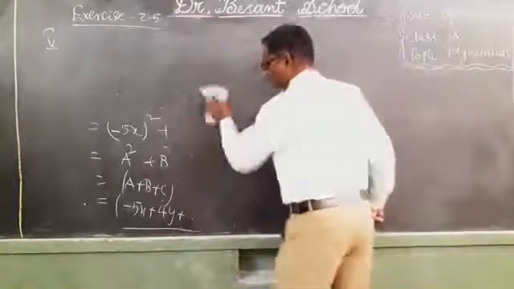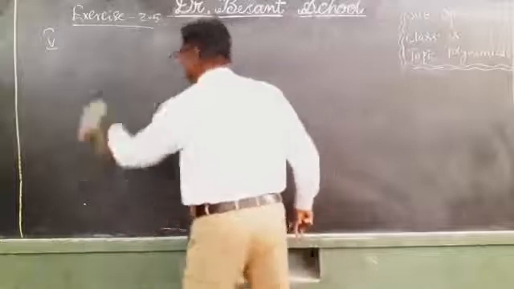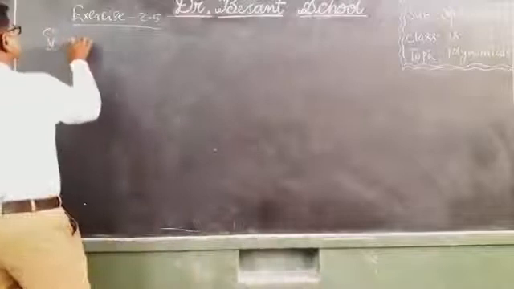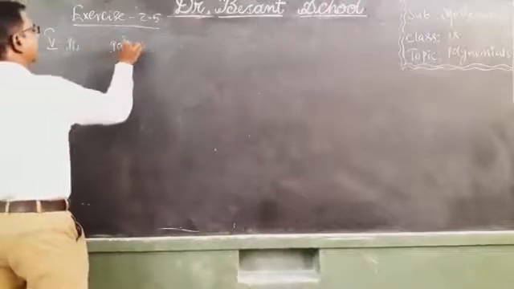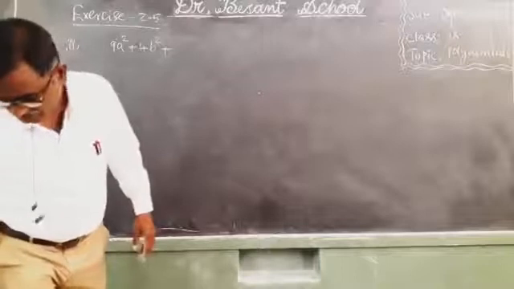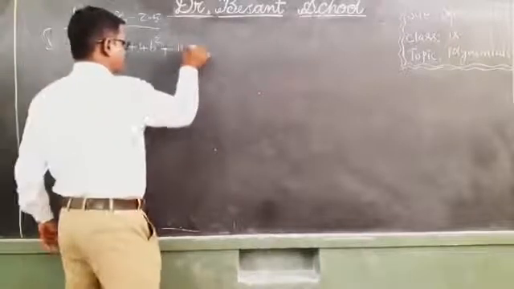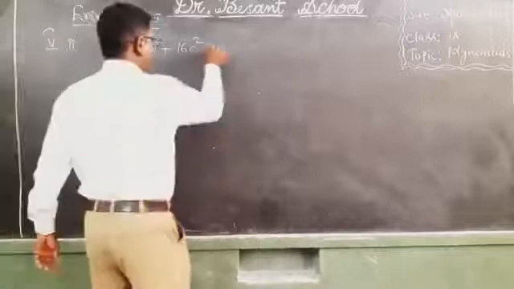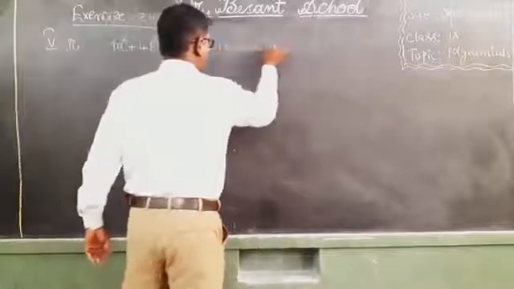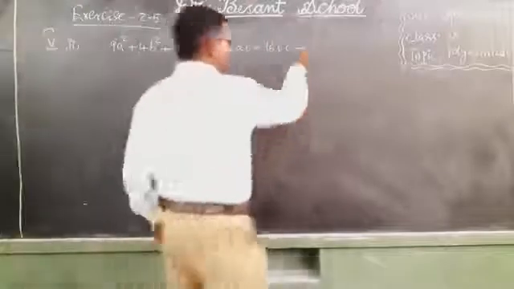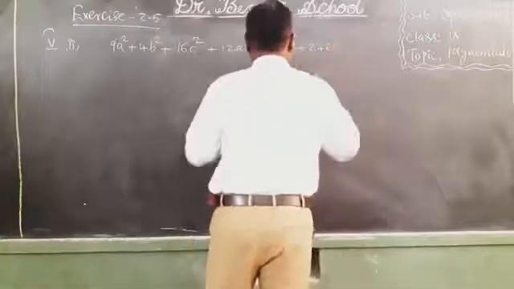See children, the second problem from this fifth Roman: 9a square plus 4b square plus 16c square plus 12ab minus 16bc minus 24ca.